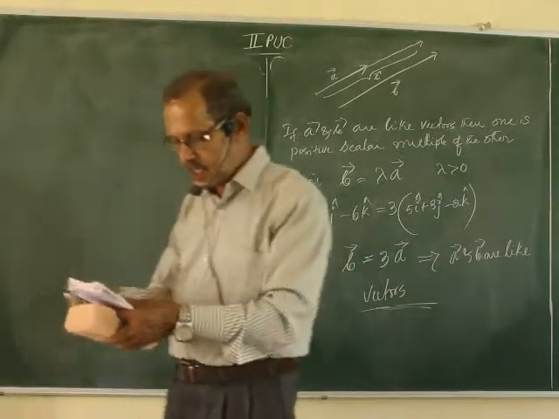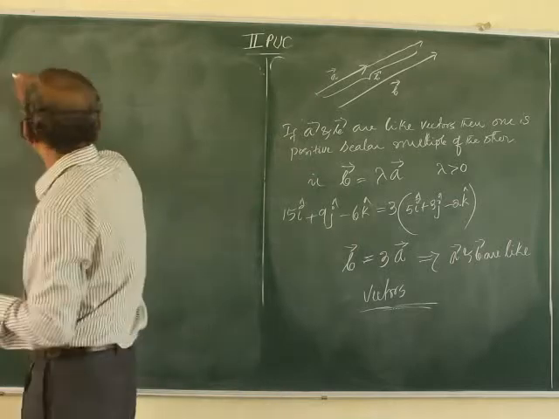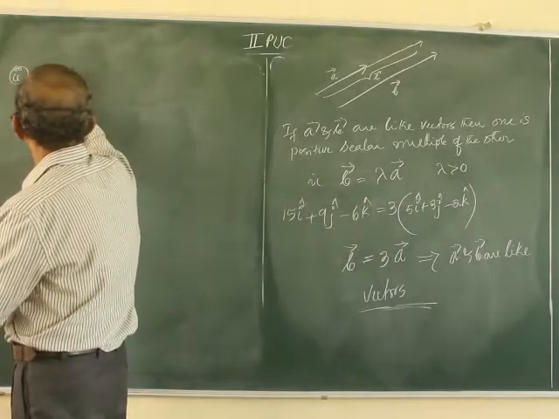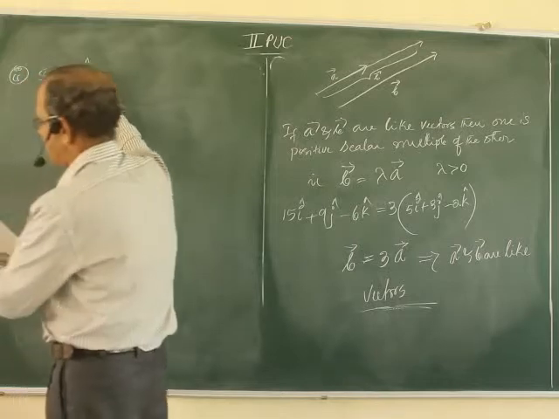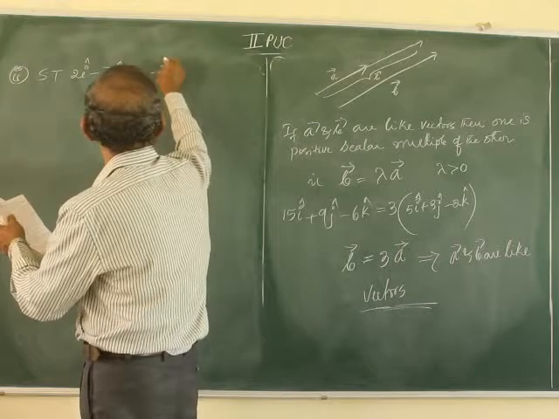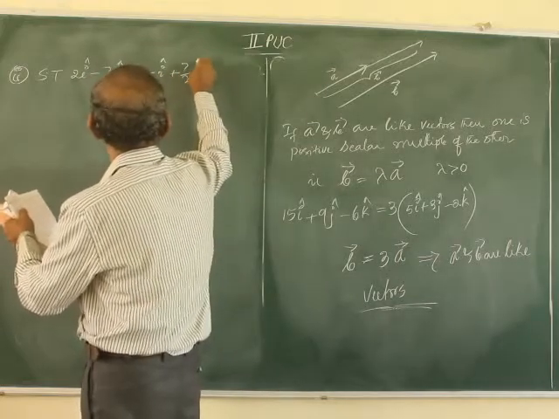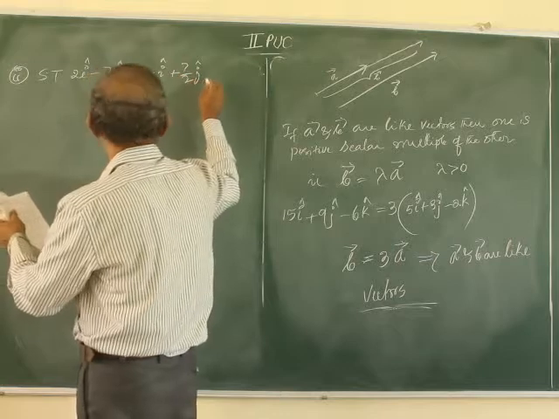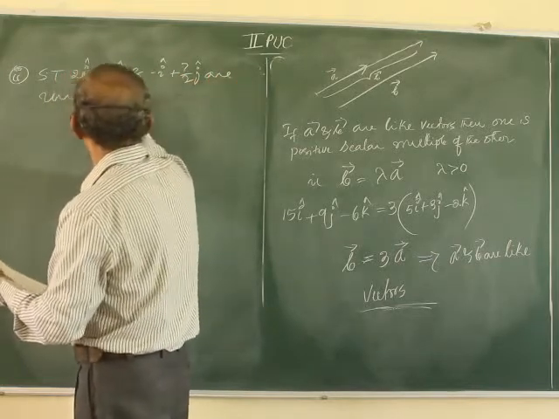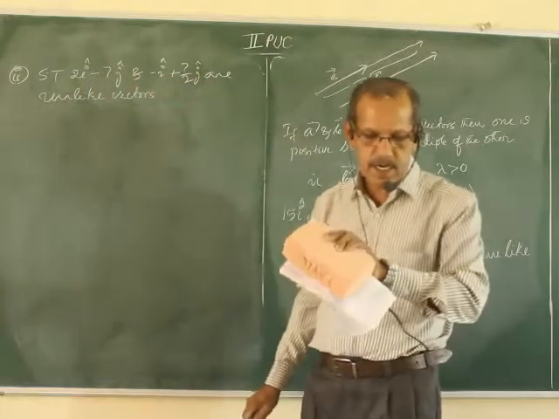So next one: in the same question, the second one is show that 2i minus 7j and minus i plus 7 by 2 j are unlike vectors. How to prove this?